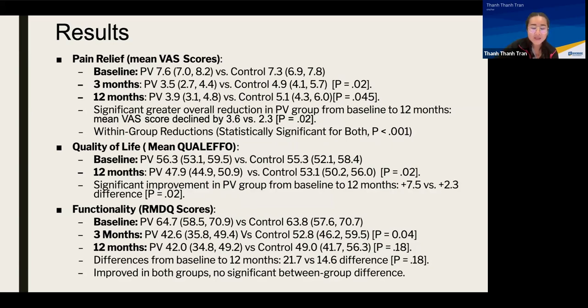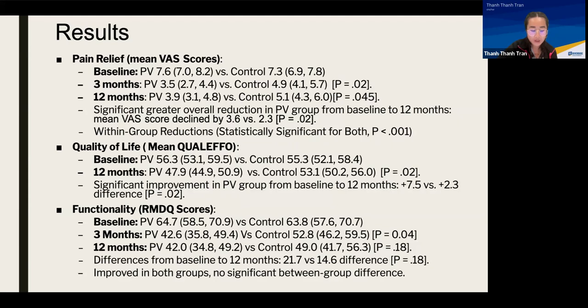Compared to baseline, a significant reduction in mean VAS score was observed in both the PV and active control groups at all measurement points during the 12 months period. In the PV group, the mean VAS scores decreased from 7.6 at baseline to 3.5 at 3 months and to 3.9 at 12 months. The p-value for this was less than 0.001, so it's statistically significant.